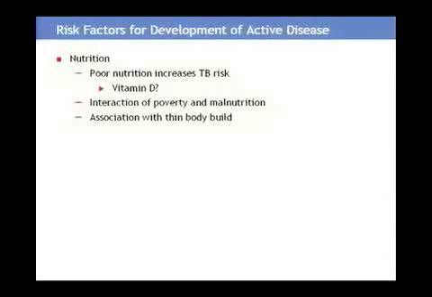Nutrition may factor into the development of active disease among people who are infected with latent tuberculosis. We are not exactly sure what the mechanisms are that may lead to active disease. Some speculate that vitamin D has an impact on increasing your risk of progressing to active disease if you have a vitamin D deficiency. However, the evidence for this is very suspect. There is certainly an interaction of poverty and malnutrition, and there's an association with thin body build.